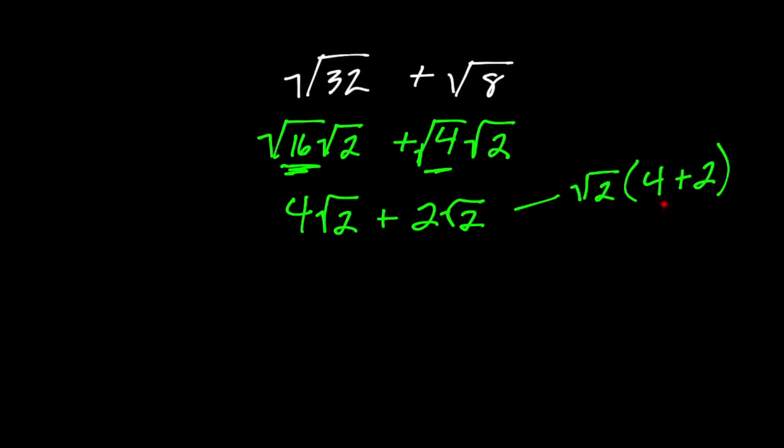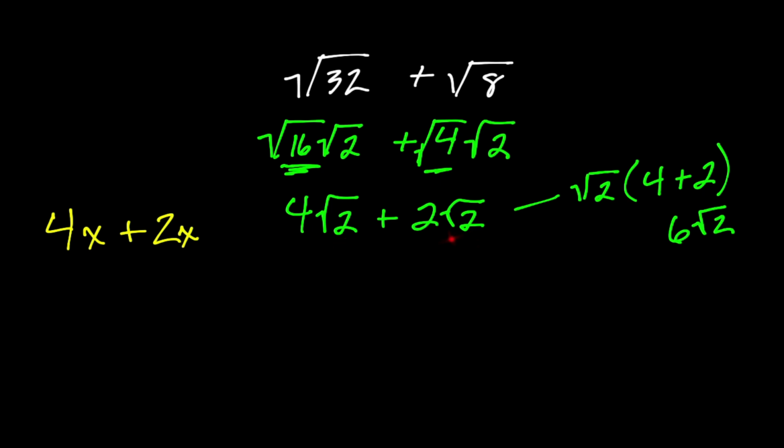And then we can add what's in the parentheses, and we ended up getting a 6. And we usually write the square root of 2 after the 6. But a lot of times I just say to students, hey, what if you had 4x plus 2x? So I have the same terms here. These are both x terms. Well, think of these as both being square root terms.